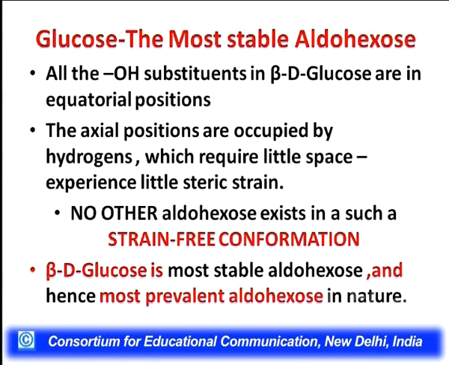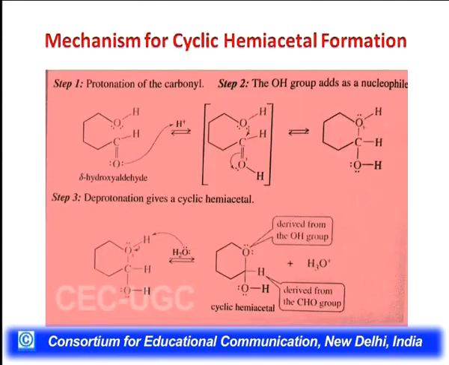If I talk of ribose, ribose is an aldopentose occurring in a furanose structure, and we know a furanose structure is a flat ring. So glucose is the most stable aldohexose, and hence most prevalent in nature.